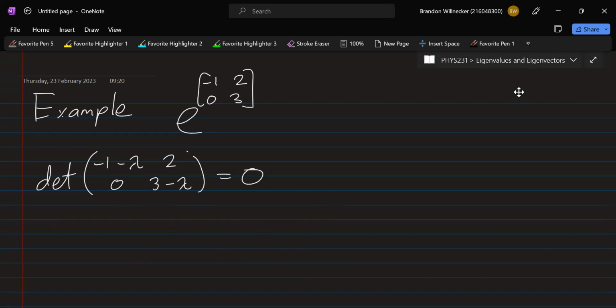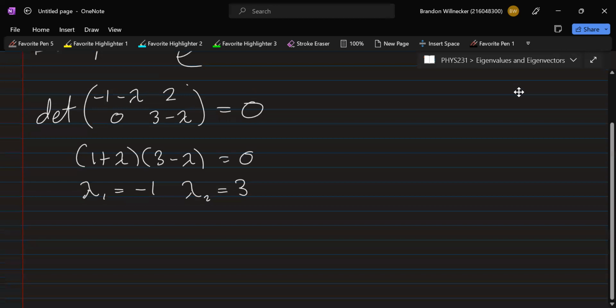Multiplying this out, we're going to get 1 plus lambda, 3 minus lambda is equal to 0. This gives us two eigenvalues. Lambda 1 is equal to minus 1, and lambda 2 is equal to 3. Good. Now that we have the eigenvalues, we can find the corresponding eigenvectors.